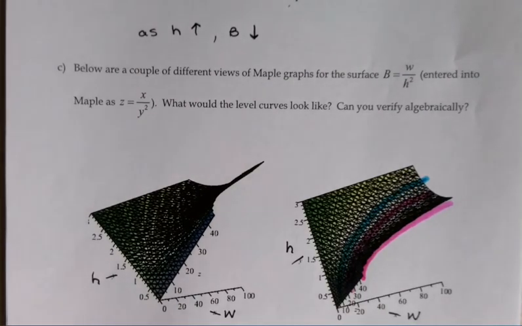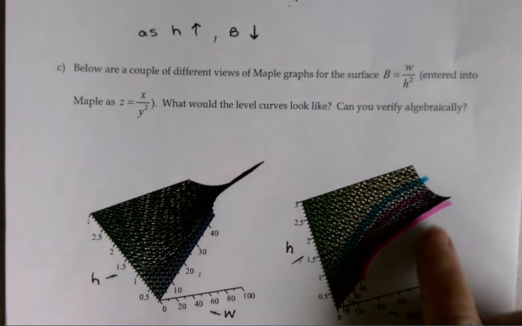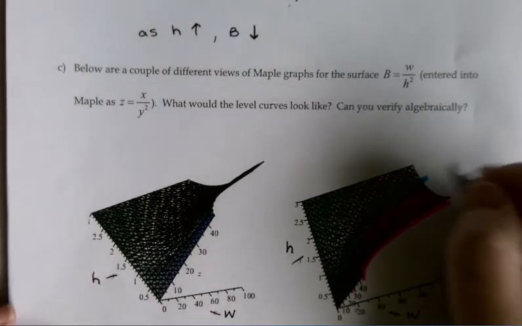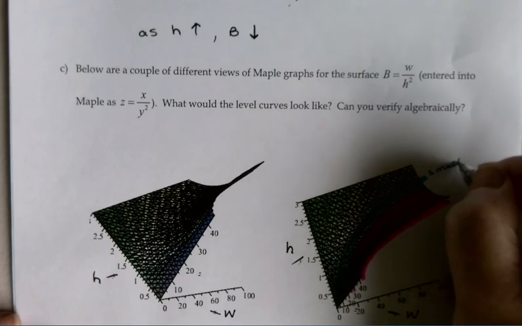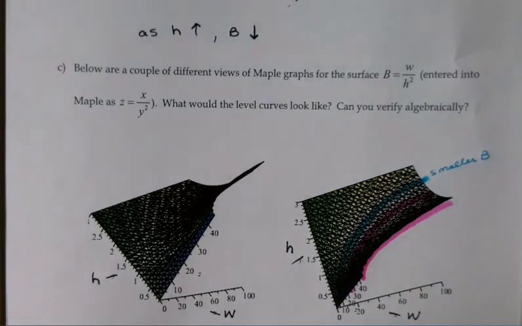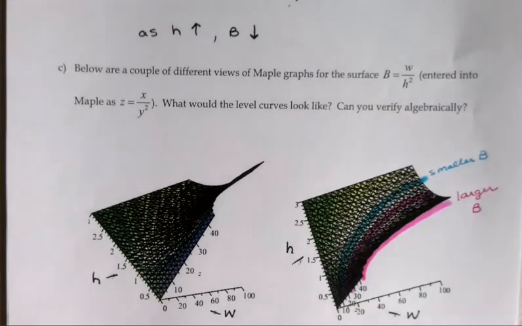As a matter of fact, it looks to me like they're all kind of like square root curves or half parabola sort of shapes, and it looks like the higher up they are, in other words, the larger the b value, the closer to the w-axis we are. So this would be a smaller b. Remember, b is like the z value on the graph. This would be a larger b.